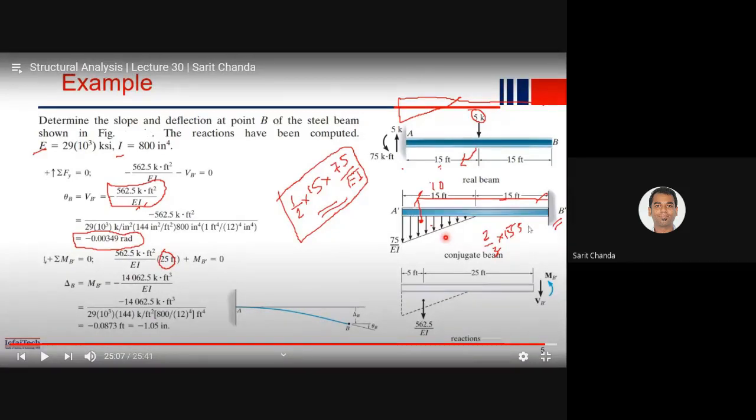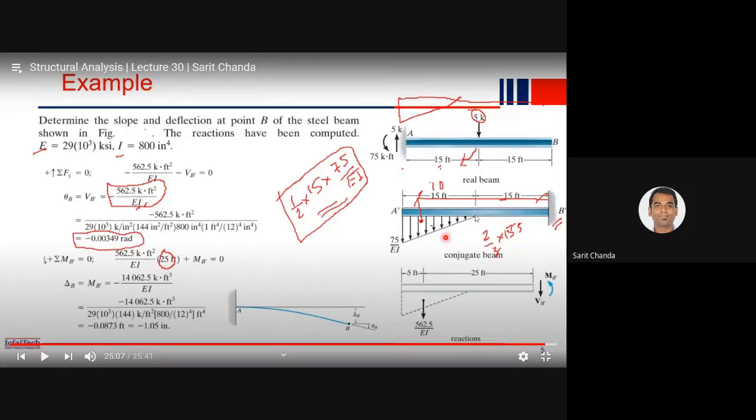So in this conjugate beam, whatever will be the shear force at that point, for example, at the middle, you have to find out. In a real beam, you have to find out what is the slope and deflection at the center. That is our question. So what will you do? Quickly you draw the conjugate beam. Once you draw the conjugate beam, at the center, find out how much is the shear force and bending moment in the conjugate beam.